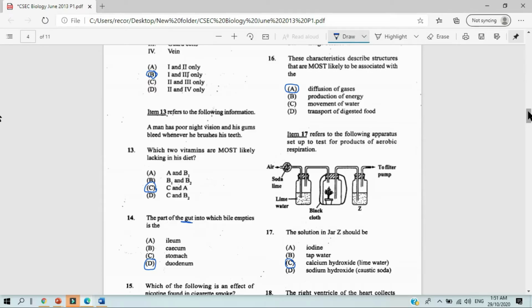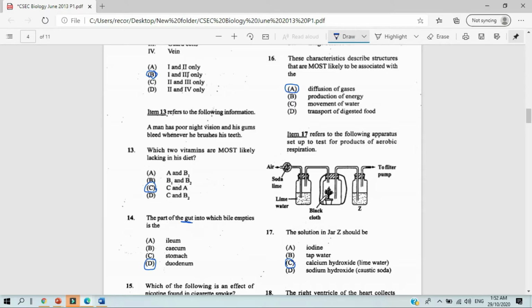Soda lime there is supposed to remove carbon dioxide so as to prevent poisoning had it been an animal. And what we want to know for 17, the solution in jar Z should be calcium hydroxide, lime water. That is because it is testing to see if carbon dioxide is produced during respiration.